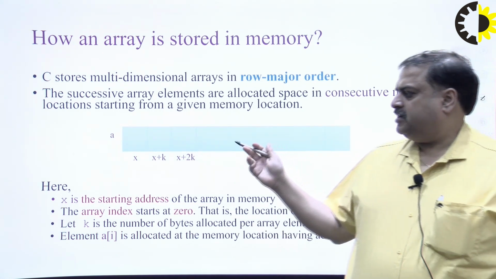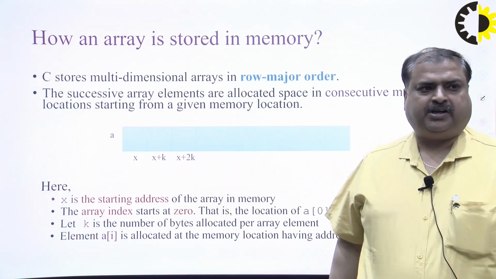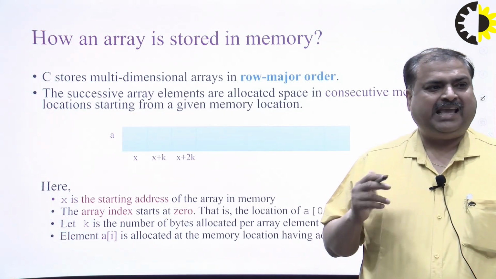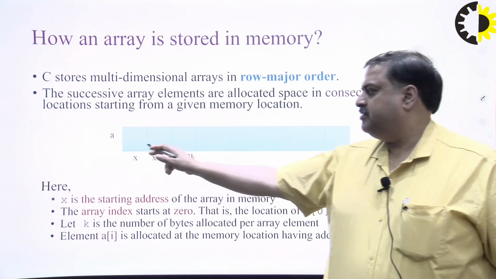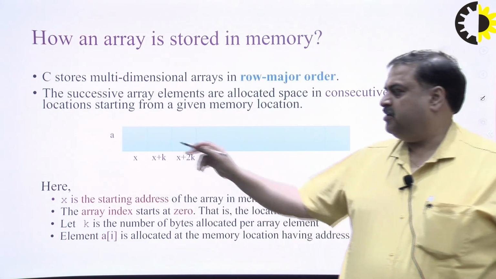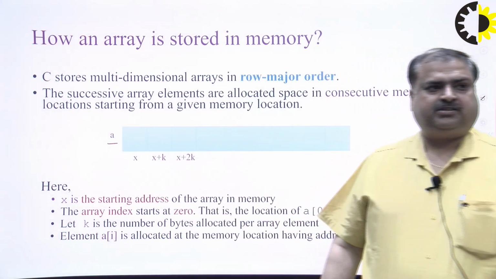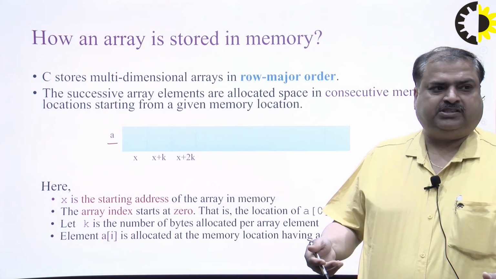Every array is stored in memory in a contiguous memory location, we have already discussed. So, if k is the size of one element, then the first element will be at location x, where the name of the array is a, and the first address where the first element is being stored is x.